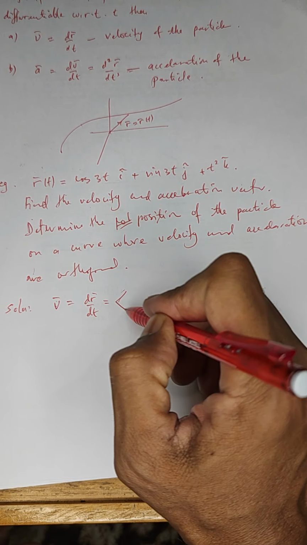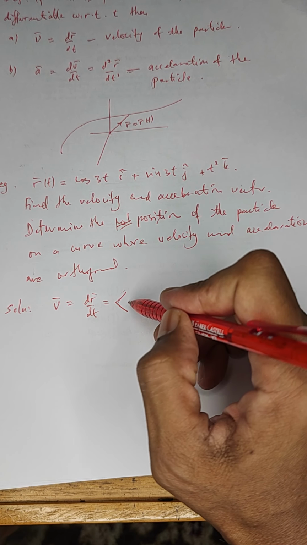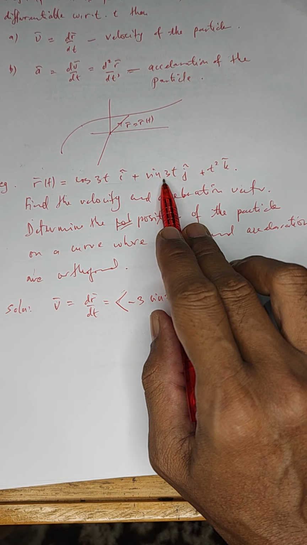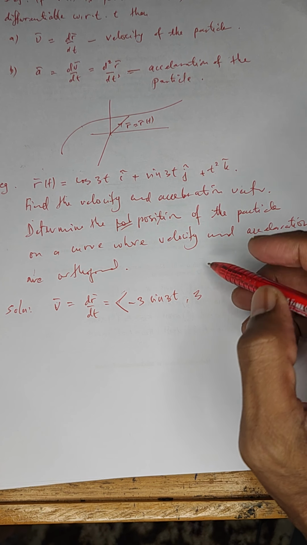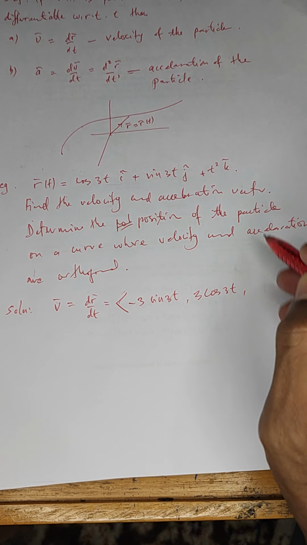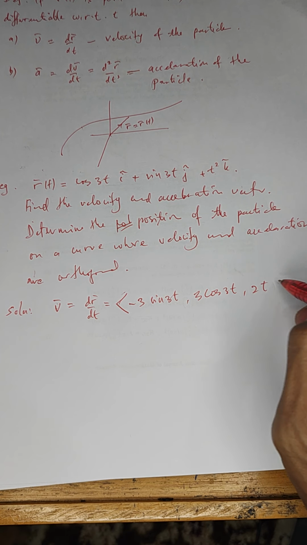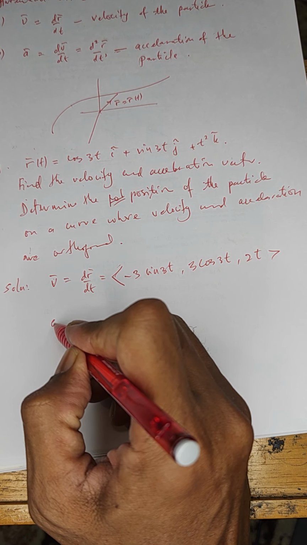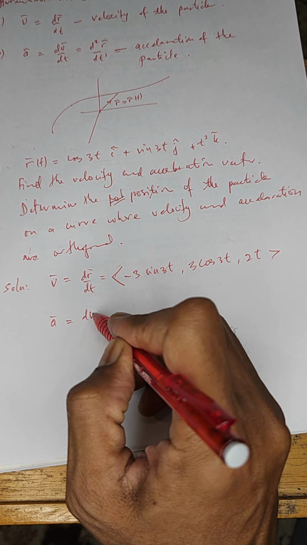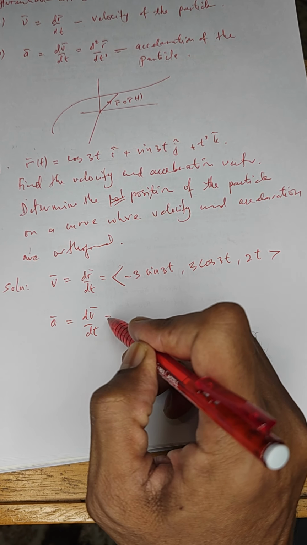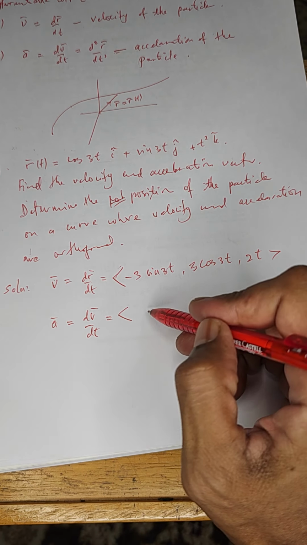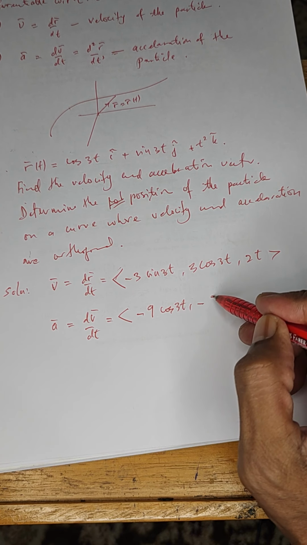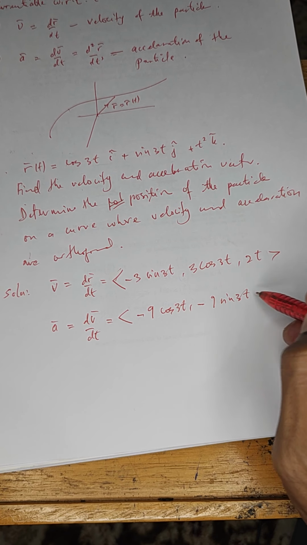So we have negative 3 sin 3t i, plus 3 cos 3t j, and plus 2t k. And also we can find the acceleration a, which is dv/dt. We differentiate those, and we get minus 9 cos 3t, minus 9 sin 3t, and 2.